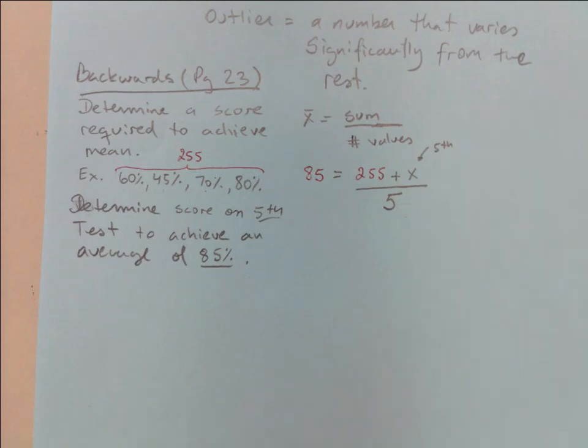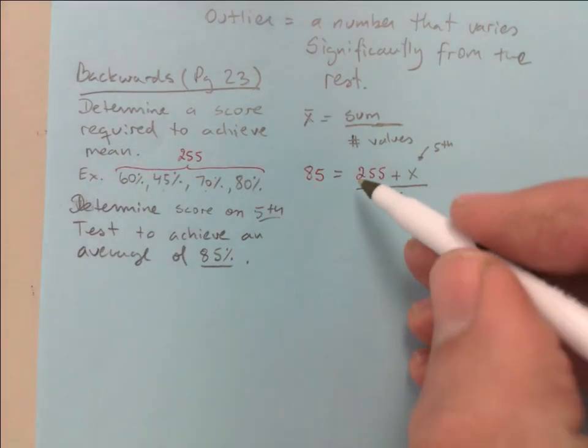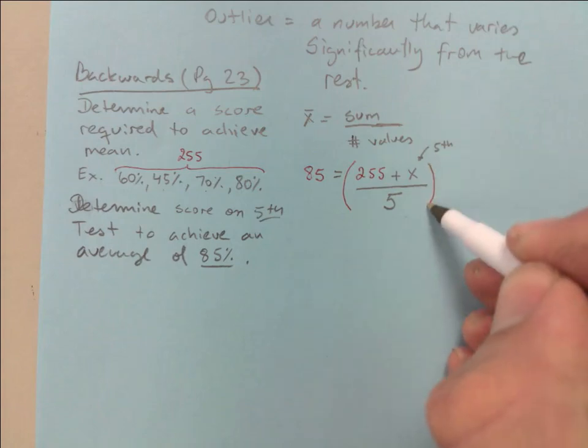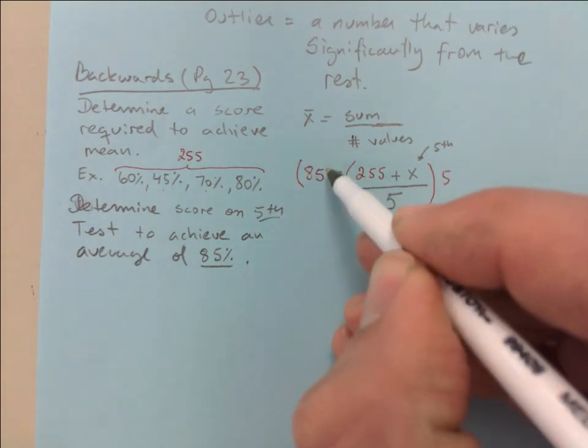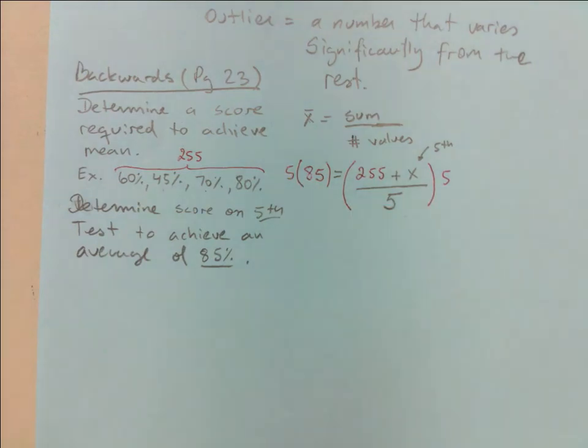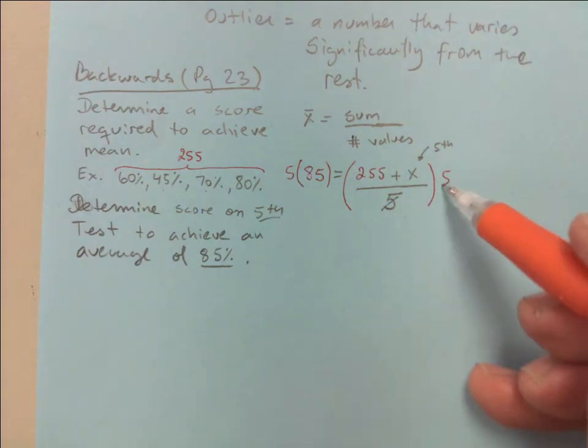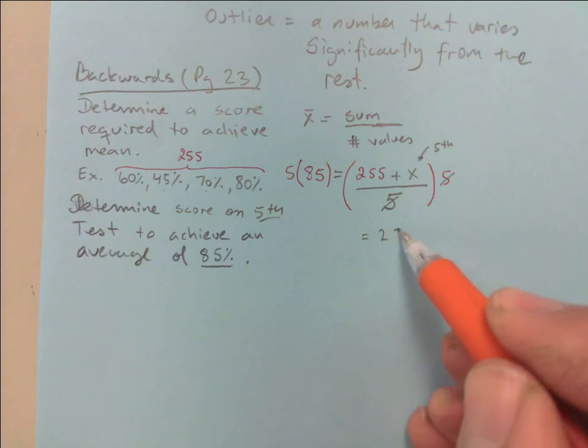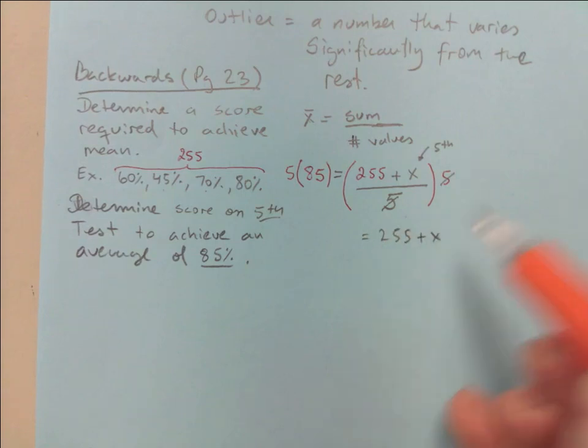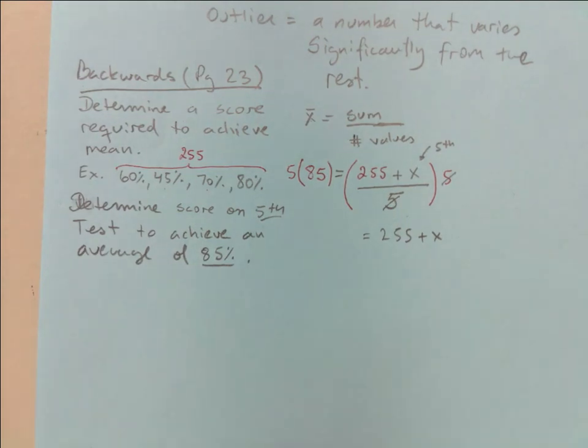Okay? And now we do the backwards operations. We do algebra, right? So we go times 5, times 5. That gets us to cancel out here. So we end up with 255 plus x. And what's 5 times 85? 5 times 80 is 400, plus another 25, that's 425.